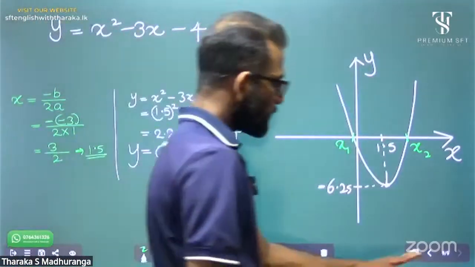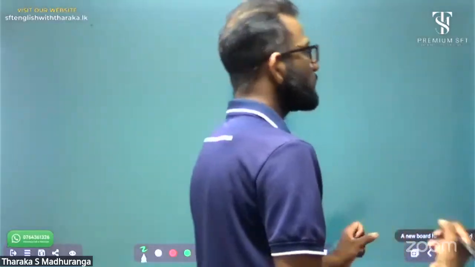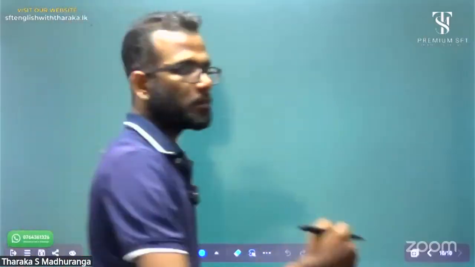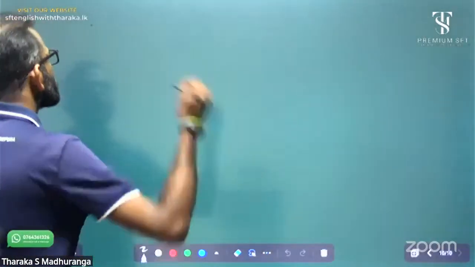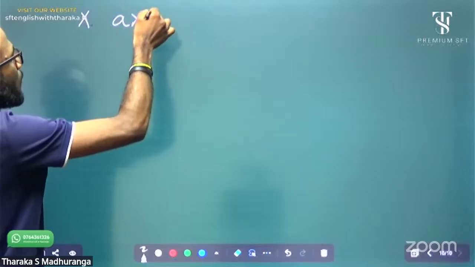Now come to the lesson. This is the final part. After this part, you can draw any sketch diagram. If I am given any equation, you can draw a sketch diagram. Very simple. Now tell me about the x-axis cutting points. That's our final challenge.